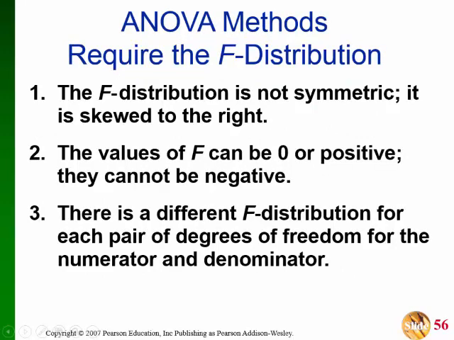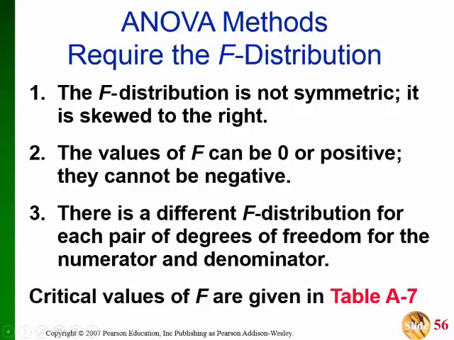So the bad news is that there's a new distribution associated with this called the F distribution. And the F distribution, even worse news, requires 2 degrees of freedom. That was the bad news, and then that was the worst news. And then the good news is that we don't have to worry about it. They have some information about the F distribution here, and table A7 is not going to be a table that I'm going to provide for the exam, so we're not going to worry about the distribution so much.